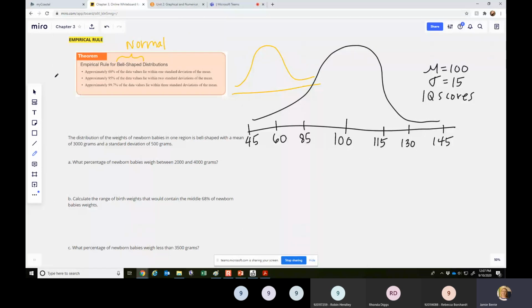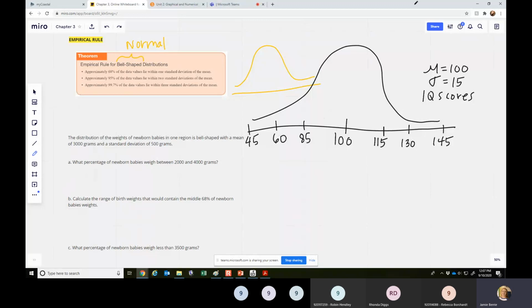So let's say that we took a poll of our class and made everyone in the class take an IQ test. What the empirical rule says is that approximately 68% of the class would have an IQ within 1 standard deviation of the mean. All right, so let me change my color here.